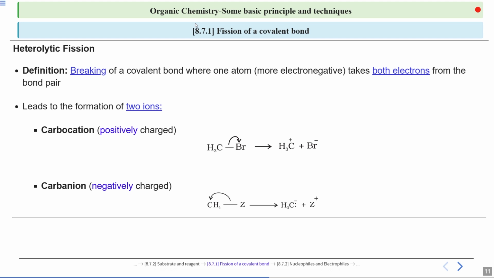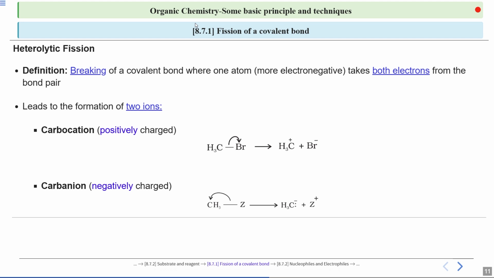Therefore, you can say that heterolytic and homolytic fission depend upon the atoms whose fission is taking place. But the conditions are also very important, and that can be seen clearly in this case. The same alkyl halide can undergo a homolytic fission and a heterolytic fission as well.